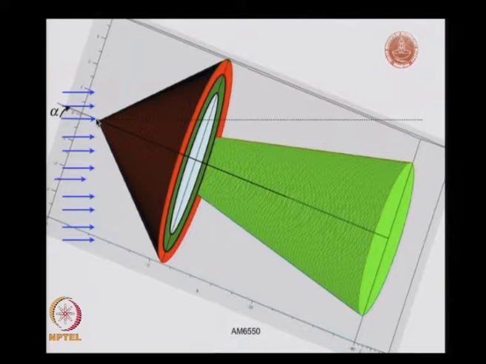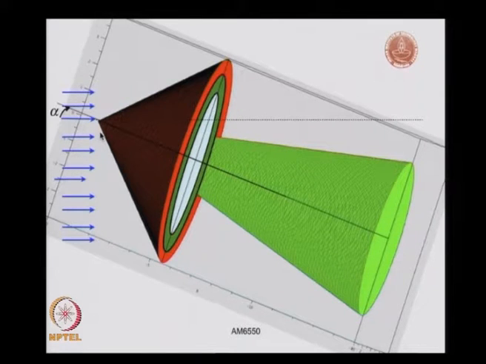The geometry of the physical cone remains the same, but the flow around it is no more symmetric. The flow is asymmetric due to the inclination of the cone, and we now have one more parameter to take care of, which is another increase in dimension.